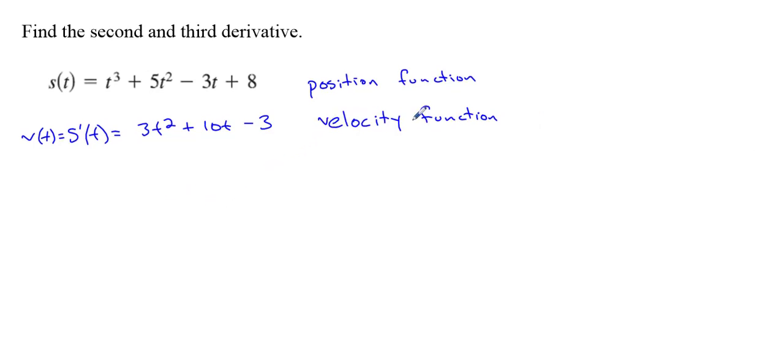What do we know about velocity? Well, if something's not moving, its velocity is 0. So if they ask you when is something at rest, well, set the velocity function equal to 0. What if they give you the position function? Find the derivative, set equal to 0.